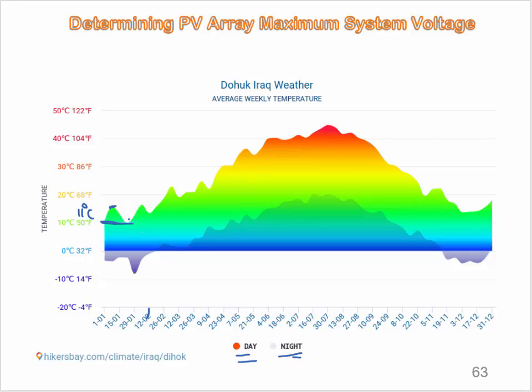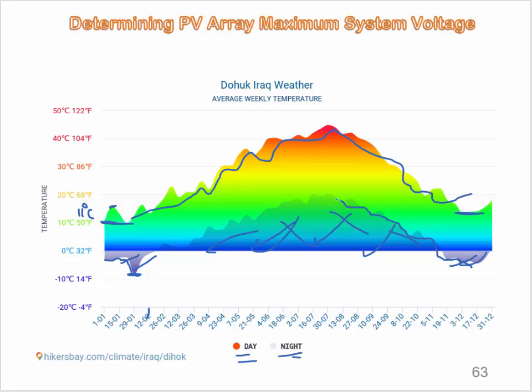This is the curve of the temperature during the day. The other curve, this one, is for the night. It is about minus 10 Celsius, but we don't use this curve, because it is for the night and there is no sunshine in the sky.